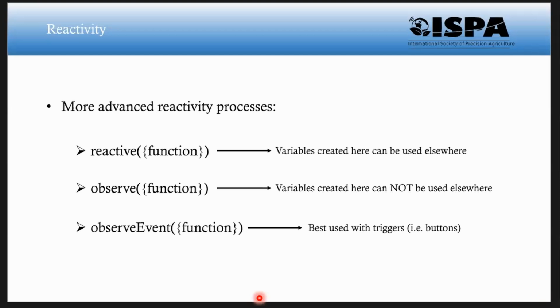You will use this more when you're using buttons in some sense, because it's when you need to force an update. So you can focus on the other reactivity that we mentioned before, because this is a little more advanced and I don't use it that often, to be honest. Just to let you know that this exists. And sometimes it's the only way to fix a problem that you have.